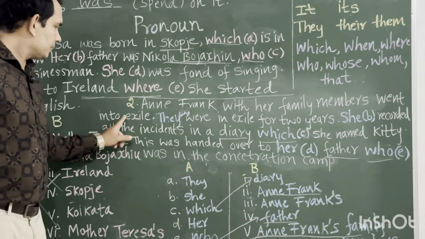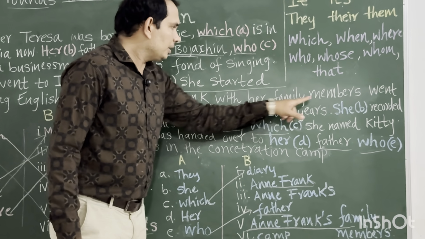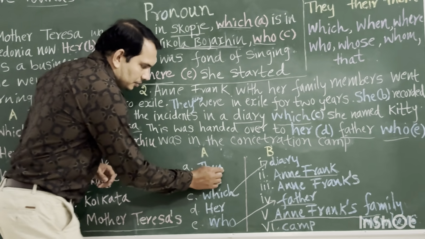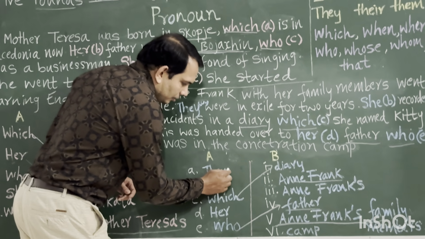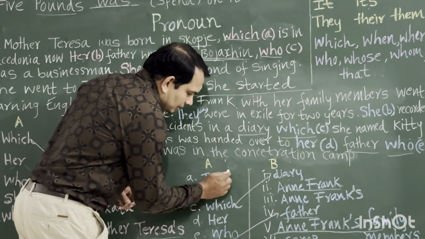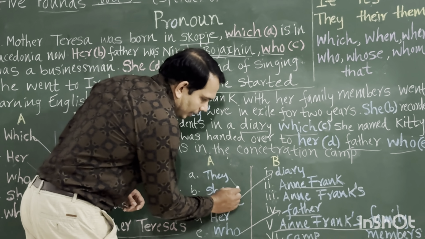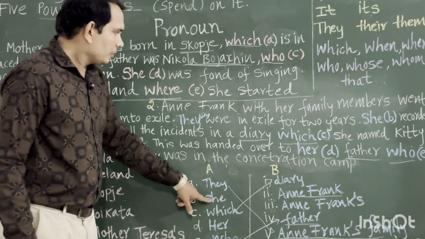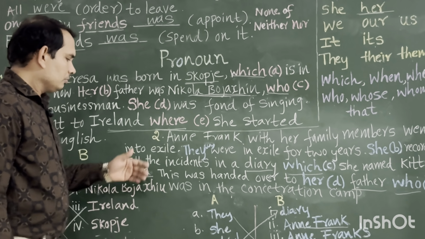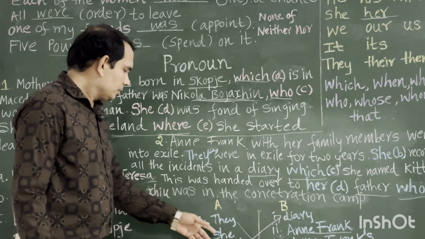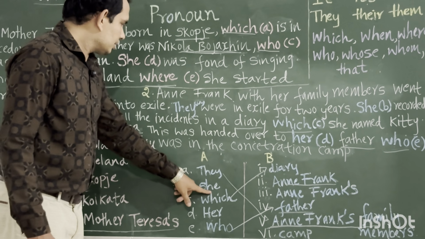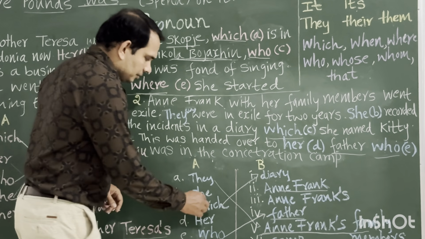They refers to the family members of Anne Frank. The answer to this personal pronoun is Anne Frank's family members. She, it's clear, we don't have to think much. The answer is Anne Frank.